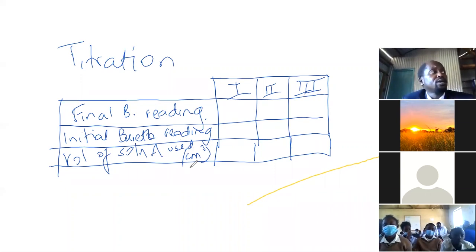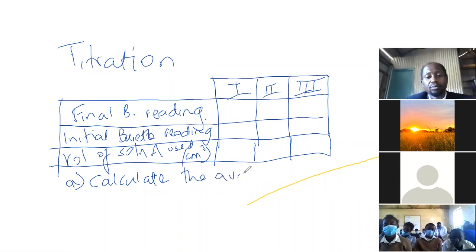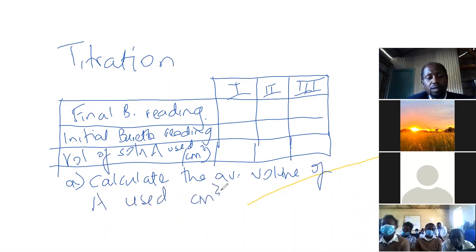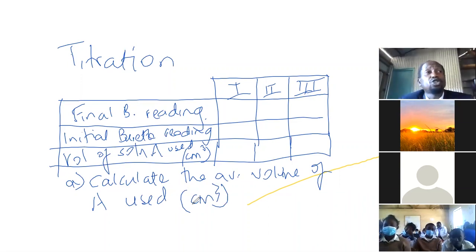After the table, what follows is the first question: calculate the average volume of solution A, solution B, whatever letter is assigned to the solution used.